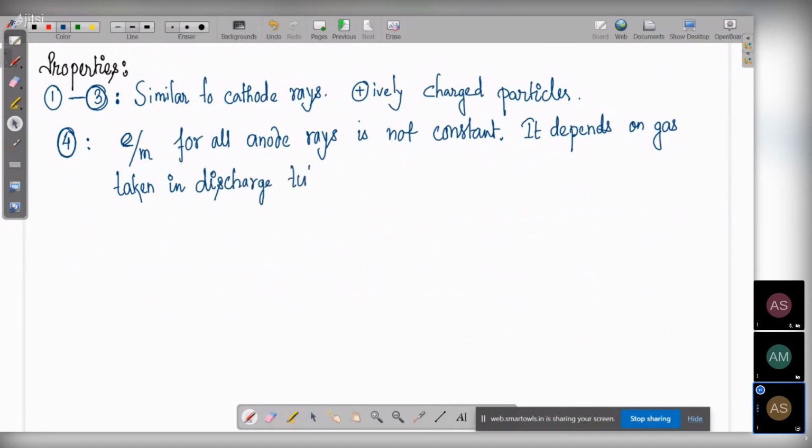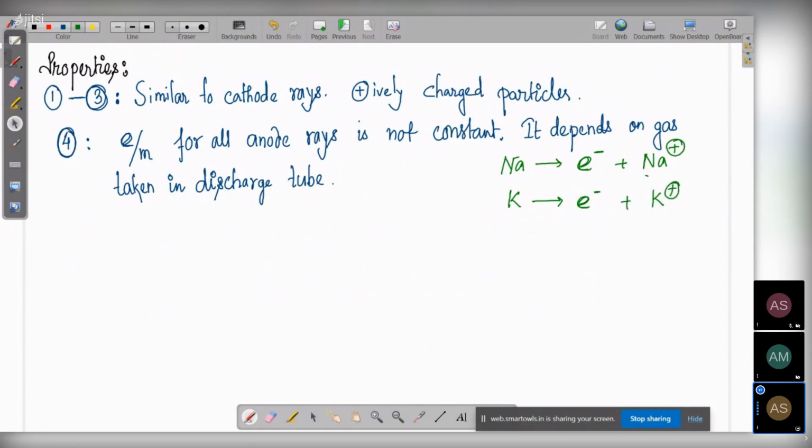Now these anode rays were later renamed as proton. So this anode ray is actually the proton. That is why it is not the same. For example, suppose you take sodium. If sodium is ionized, it will give one electron out plus sodium plus. But if you are taking potassium, then you get one electron and potassium plus.